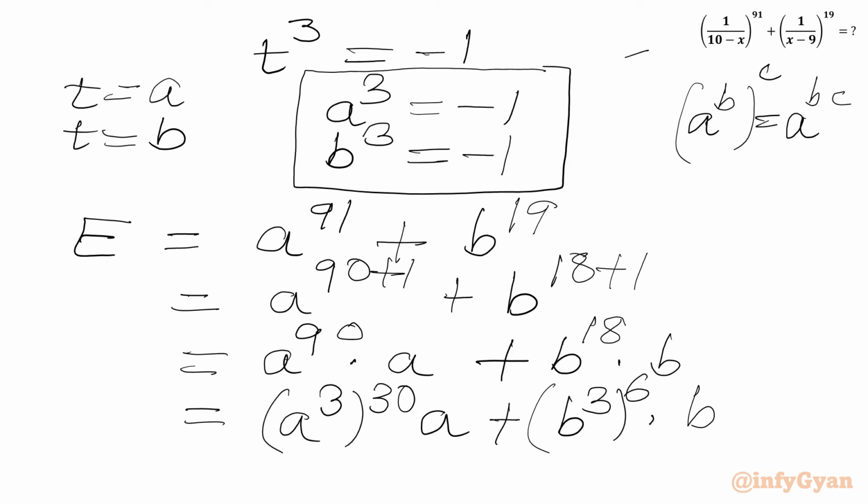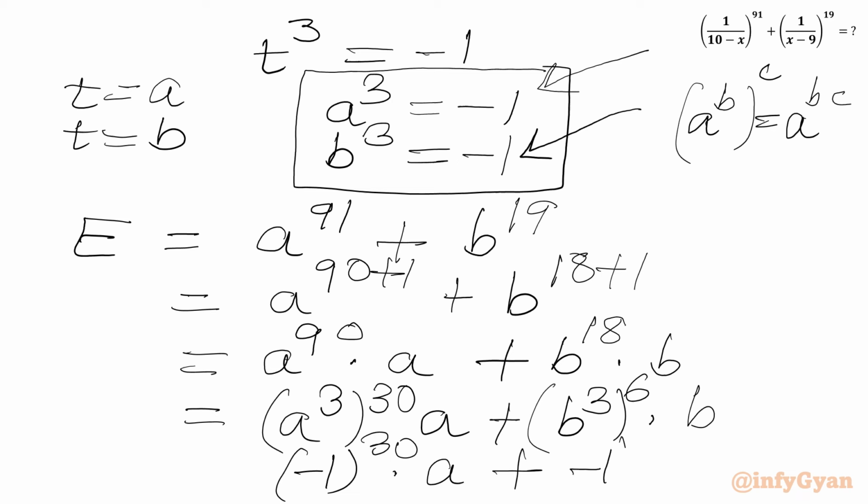Now a cube is minus 1, b cube is minus 1. So we will write here minus 1 power 30 times a plus minus 1 power 6 times b. Now negative 1 is base with even powers 30 and 6. Value will be 1.